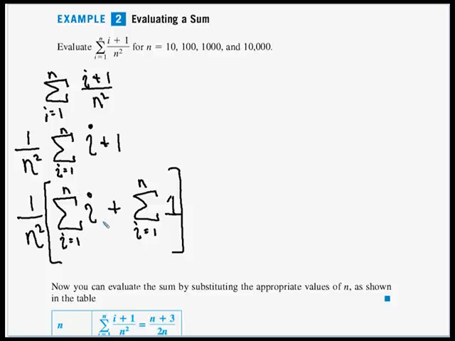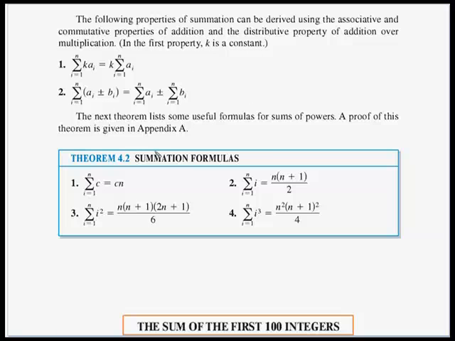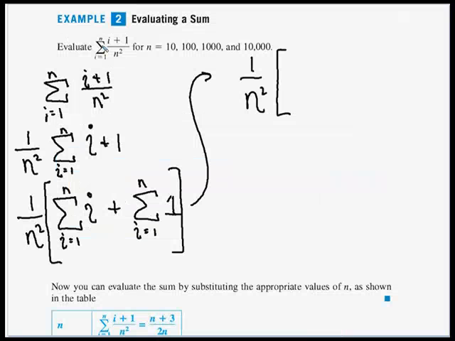Well, now we can go back to the formulas that we saw in the preceding slide and figure some other stuff out here. We still have our 1 over n squared out front. The summation from 1 to n of i, if we go back to that formula page, we have our answer: n times the quantity n plus 1 over 2.